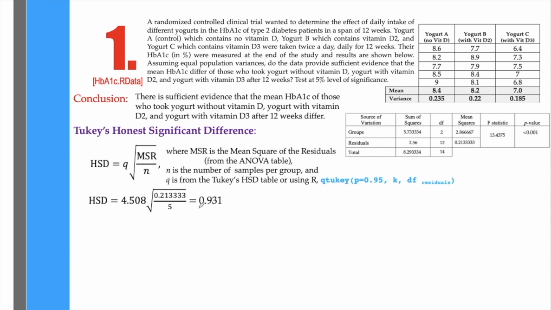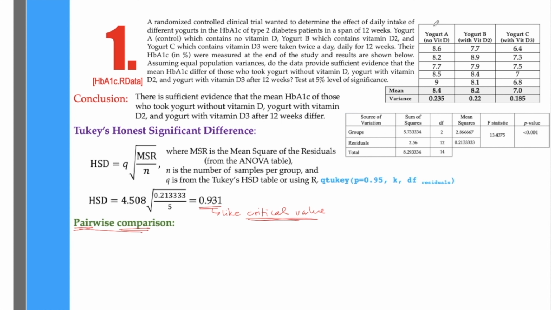Now, consider that this value of 0.931 is like your critical value, in which that will be compared to what we call a test statistic. Now, instead of a test statistic, we just simply have to compare this with what we call the mean difference, which we may find when we do the pairwise comparison. The pairwise comparison is simply a comparison of 2 groups at a time.